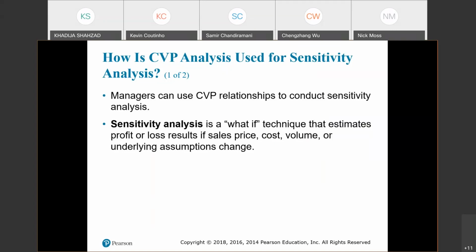Typically, in sensitivity analysis, we will see the changes in sales price, in variable cost, and in fixed cost. We will see what effect these changes can bring to the sales revenue results.